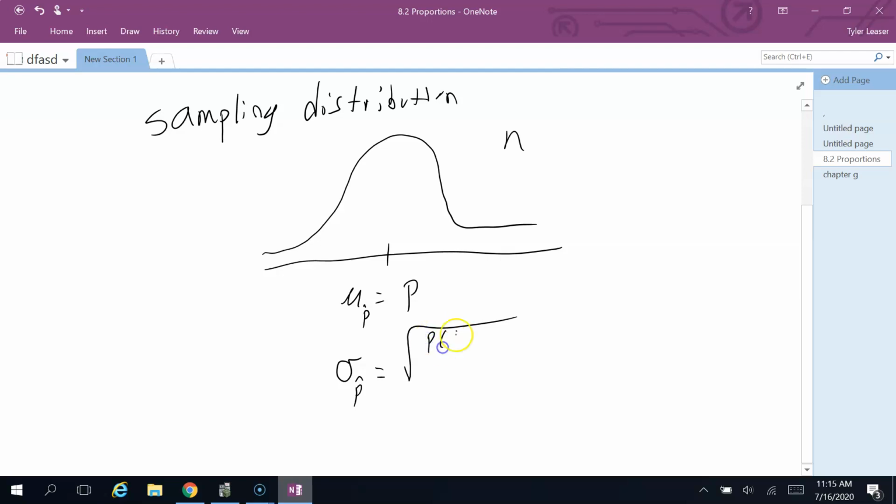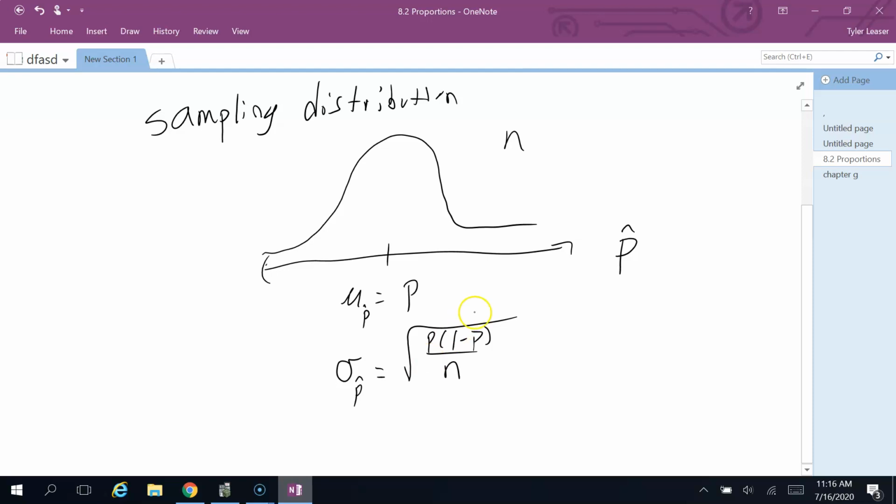It is p times 1 minus p all divided by n underneath the square root. And again, make sure you have that formula with you anytime you're working on some Chapter 8 stuff. And then the only other thing is, again, the number line here doesn't represent data values. This number line represents the sample proportions based on our samples of size n.